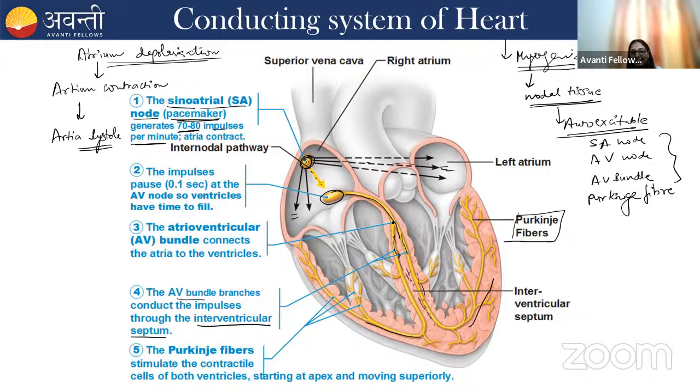The impulse reaches the Purkinje fibers, which leads to ventricular depolarization. When the ventricular wall is depolarized, the ventricle contracts, which leads to ventricular systole.